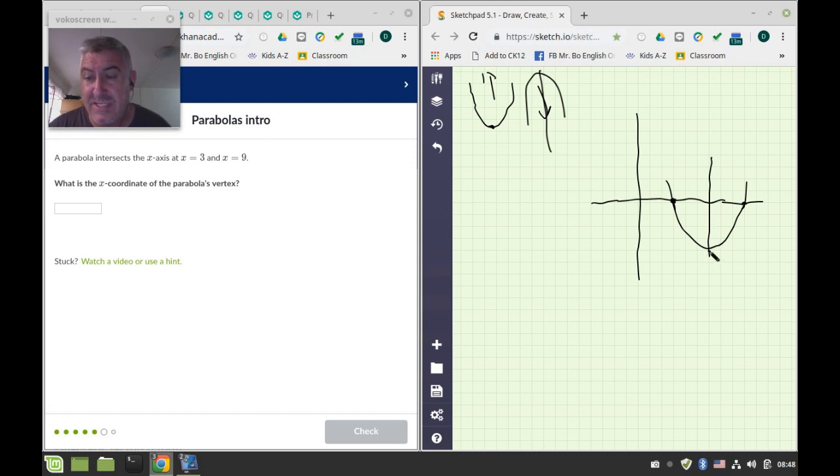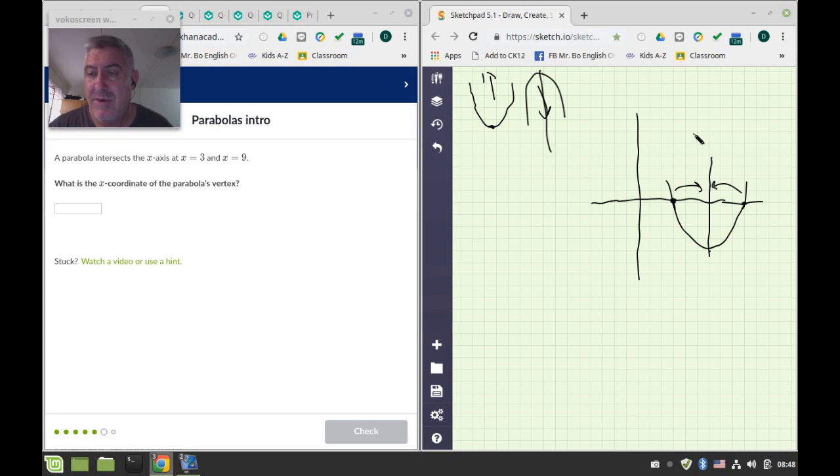Since these are mirrors, the distance from 3 to the middle and from 9 to the middle is the same.